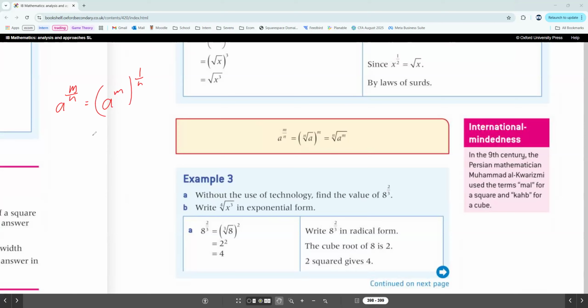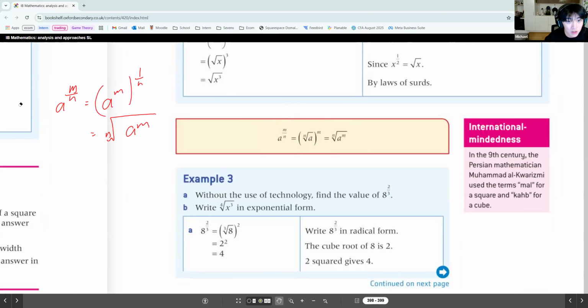So you can split it up. Just leave out a^m. 1/n is the nth root. So a^m is here, and that's where this formula comes from. It's the combination between the root formula and the power formula.